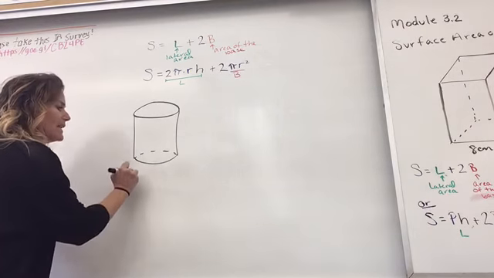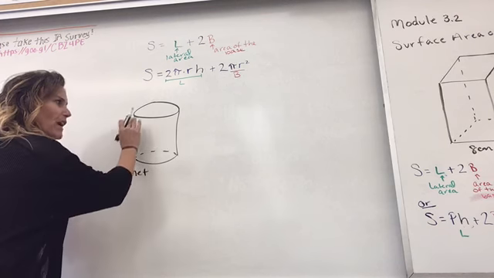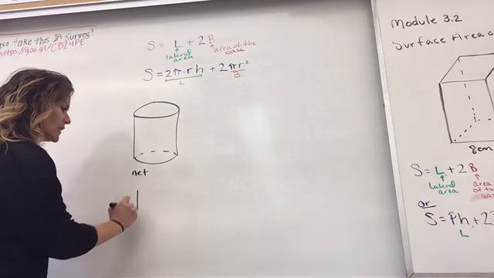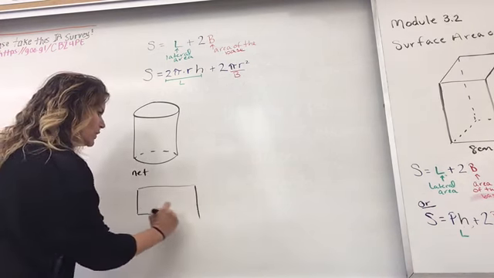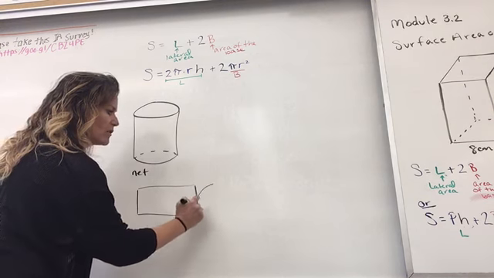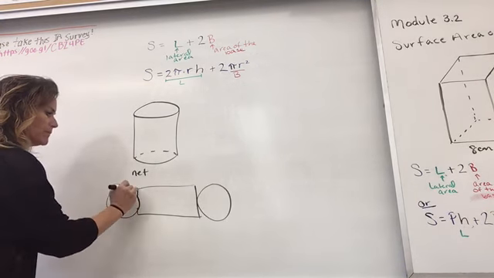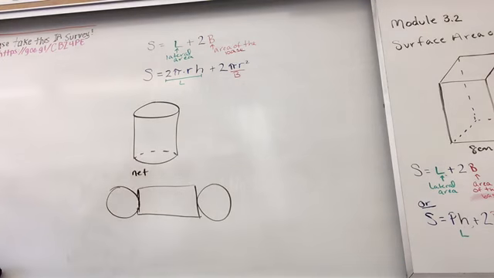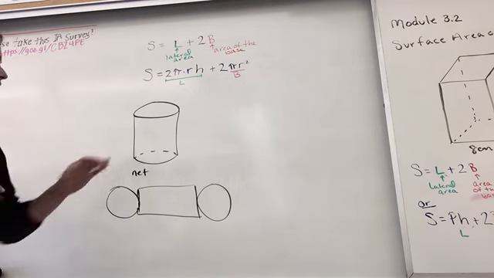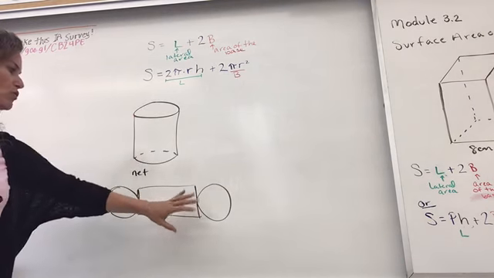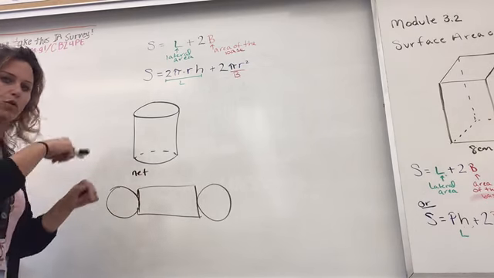If I look at my net drawing for this, if I cut down this side and unfold it, that's like having one big rectangle with a circle on each side. So that's kind of what your net looks like, because it has a top and the bottom. Those are 2 circles, and then you would wrap it up and fold the tops over.